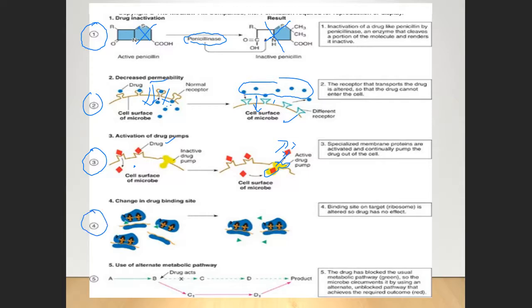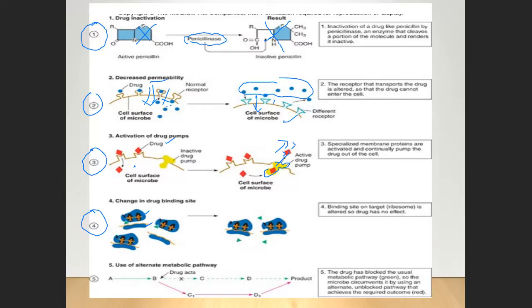The next action is by changing the binding site. So just remember, for example, there are some drugs that bind to the smaller subunit or bigger subunit over here. So if the bacteria have the resistant gene, they are able to change this receptor.